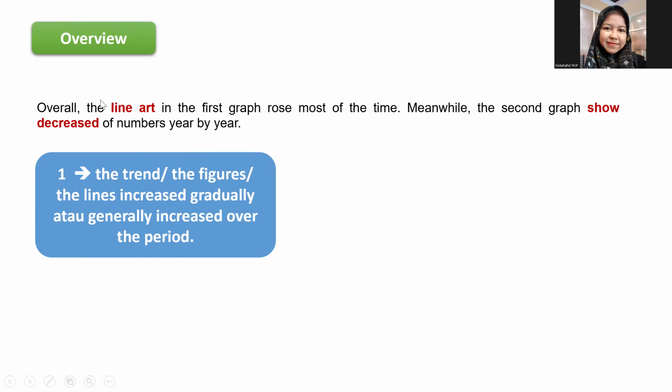So you better change line art into the trend overall, the trend in the first graph, or maybe you want to use overall, the figures in the first graph, or just the lines. Overall, the lines in the first graph rose, increased gradually or generally increased over the period.